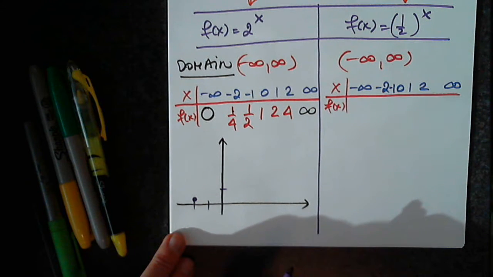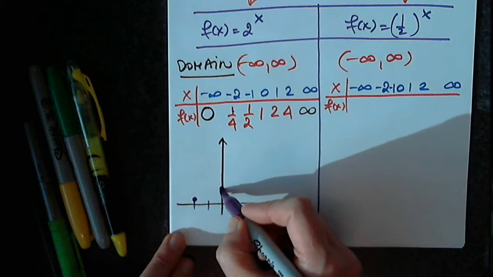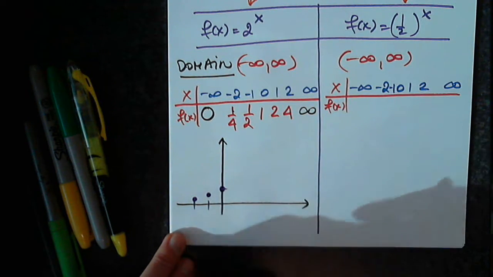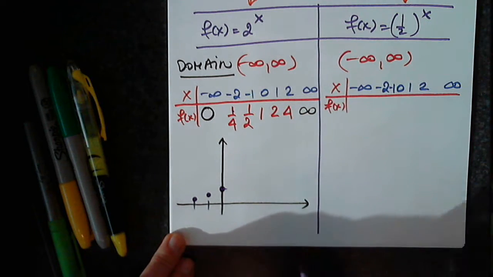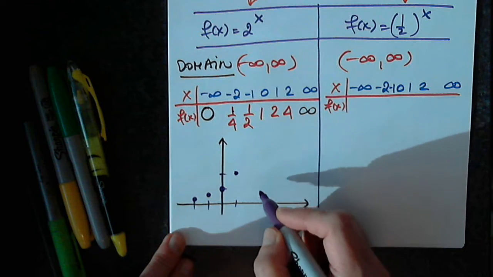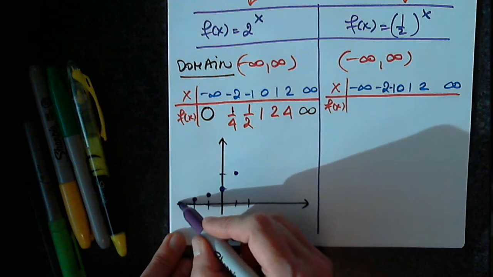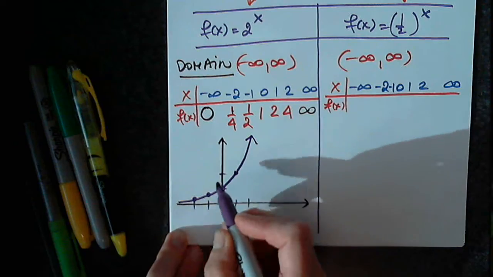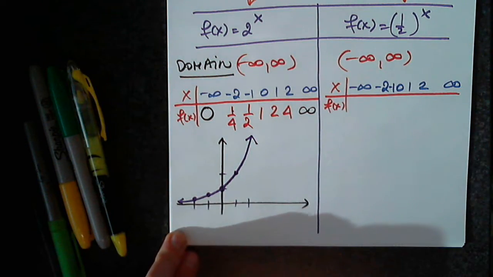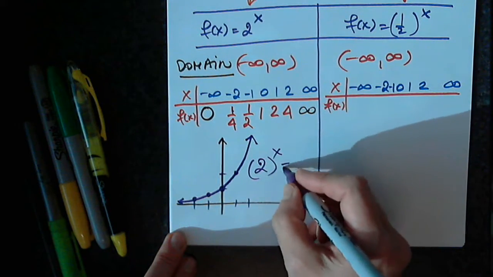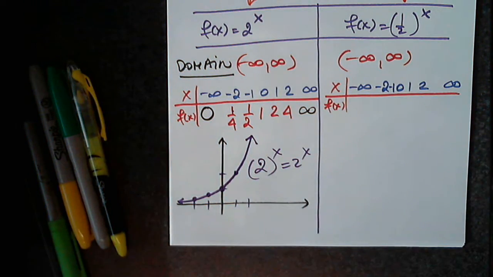Careful. You're right, but I want one in the middle. Oh, sorry. -1, 1/2. Next one. Excellent. And 2, 4. Here is my graph. It does not touch the x-axis. So this is 2 raised to x.